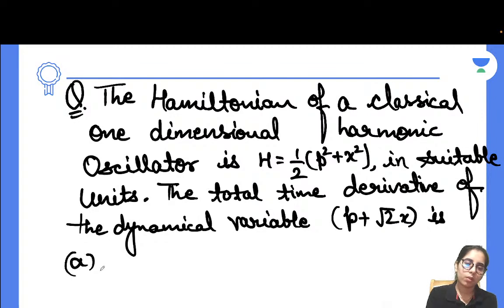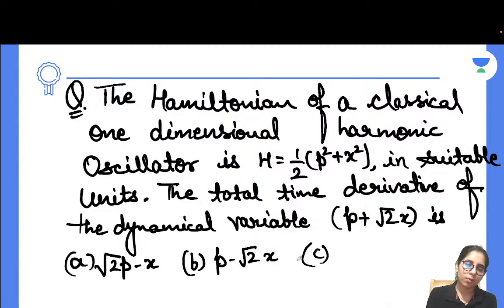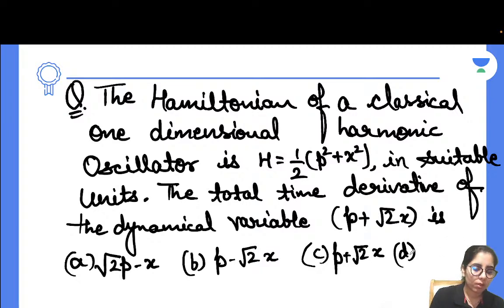Options are root 2p minus x, p minus root 2x, p plus root 2x, x plus root 2p. Try it now and let me know what you think will be the right answer.